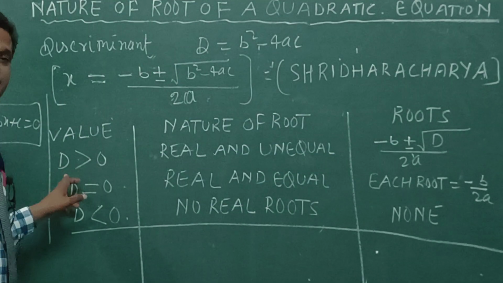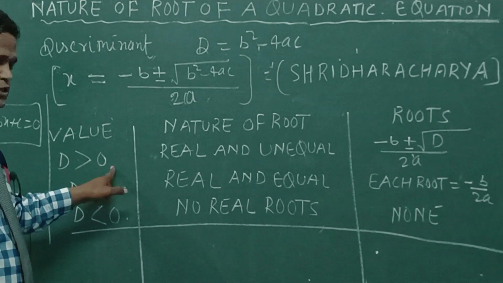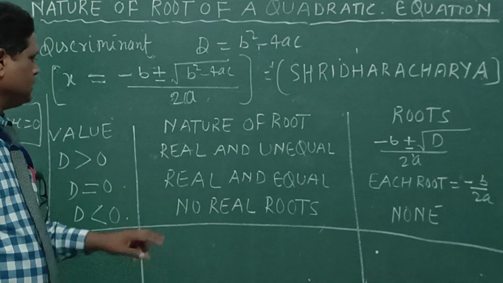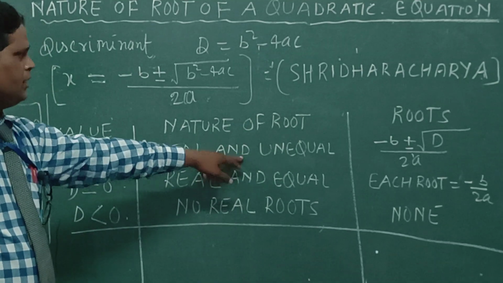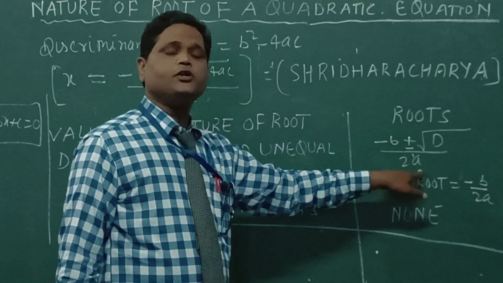If D is greater than 0, we can say the roots are real and unequal, and you can solve with minus b plus minus root D by 2a.